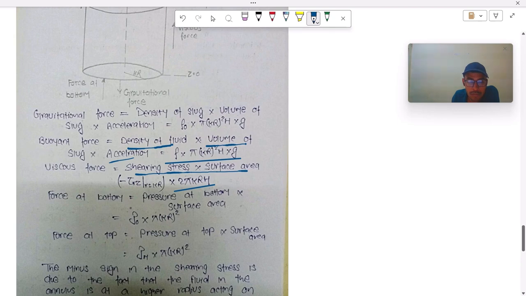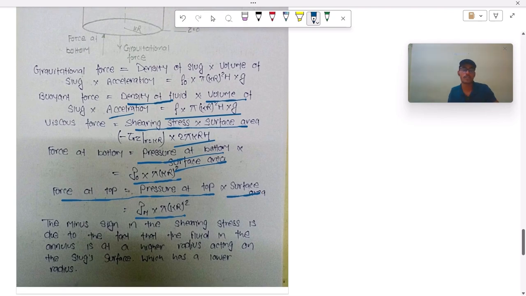Force at the bottom is given by pressure at the bottom into surface area. This is modified pressure at z equal to 0 into pi (kappa R) whole squared. Force at the top is given by pressure at the top into surface area. This is modified pressure at z equal to h into its surface area, pi (kappa R) squared. This is the same, just the change in pressure, between z equal to h and z equal to 0.